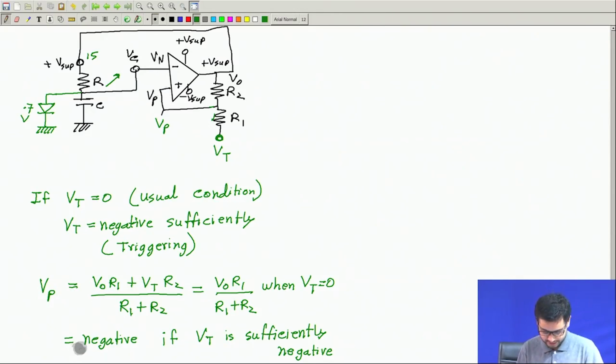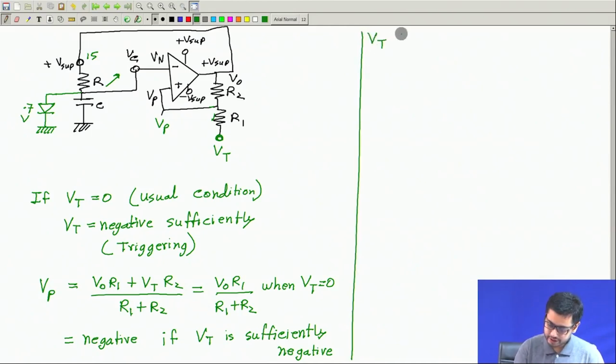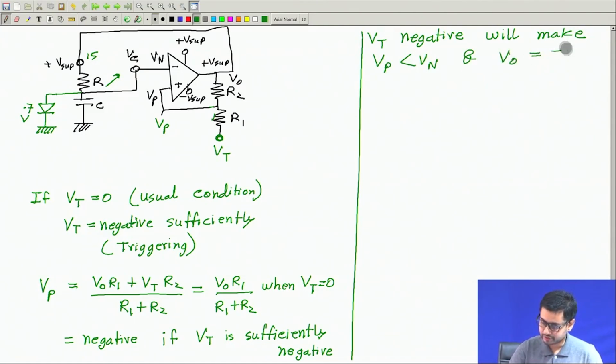So, then this can be lower than Vn. So, Vt negative will make Vp less than Vn, and therefore, Vo equal to negative, output will be negative. So, this is called triggering. This way we can bring the output to negative value, and then it will not stay there for a long time, it will go back to positive value.